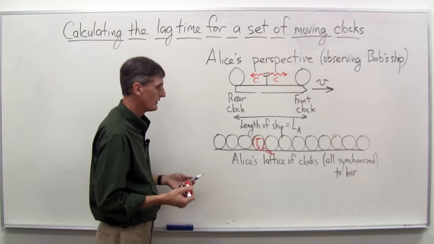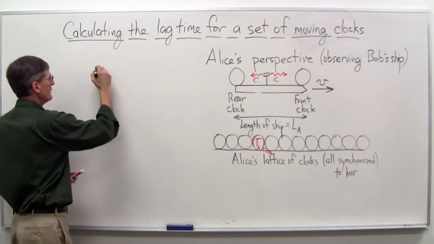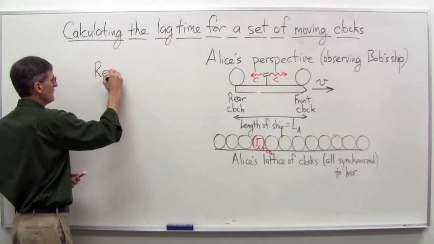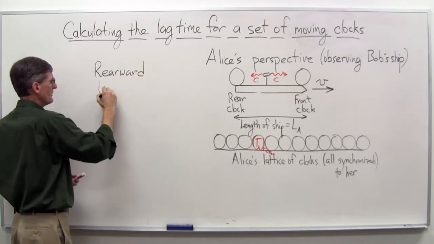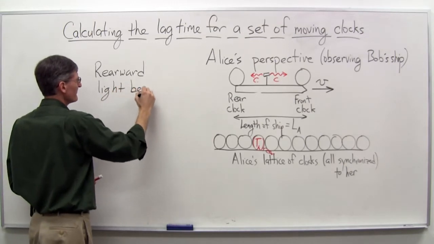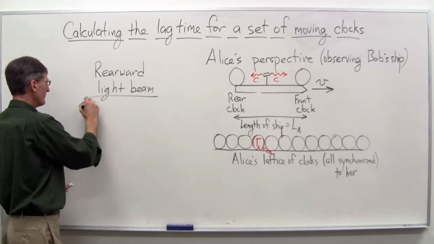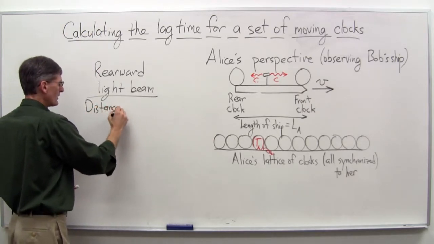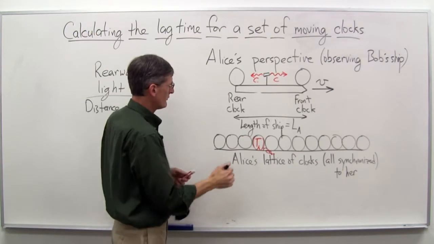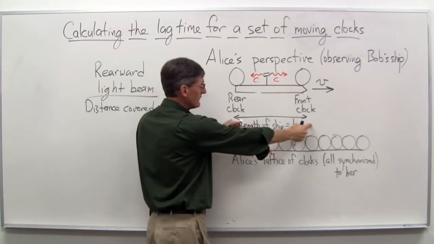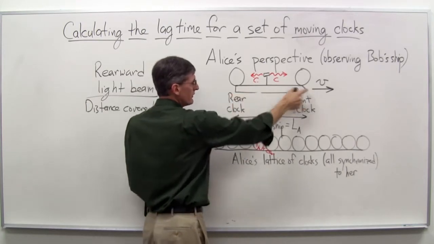The answer is yes. We know, for example, that the distance covered by the rearward light beam, the light beam heading toward the back, is going to equal what? Well, we know that the length of the ship is L_A to Alice, so it's going to cover half the distance here minus the distance the ship itself has traveled.